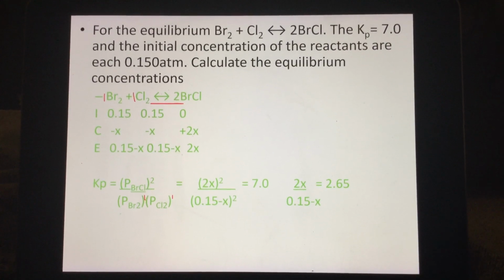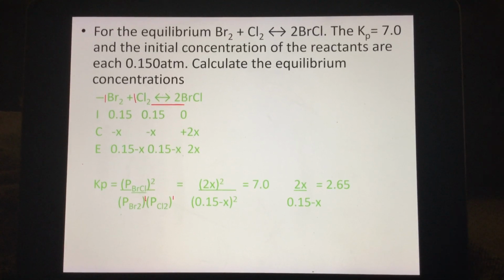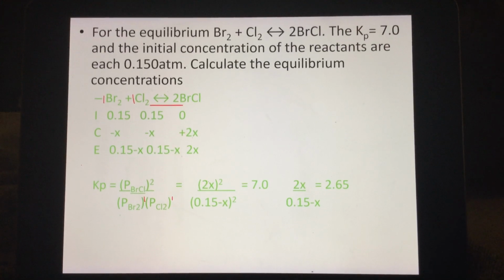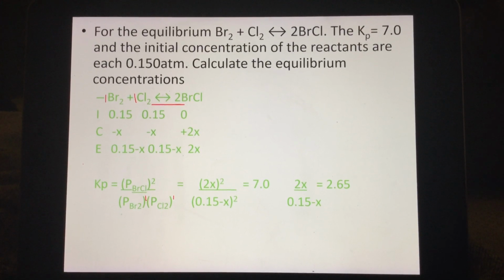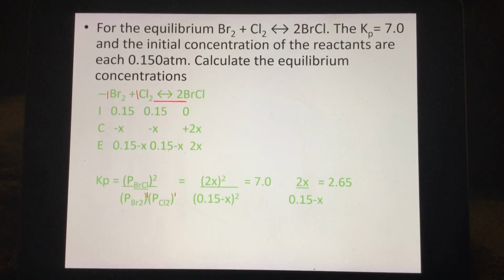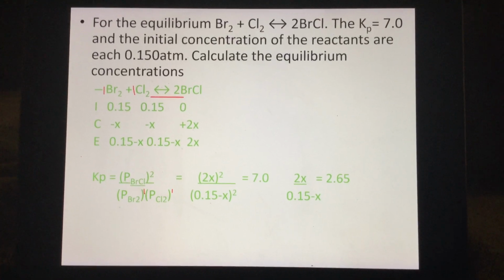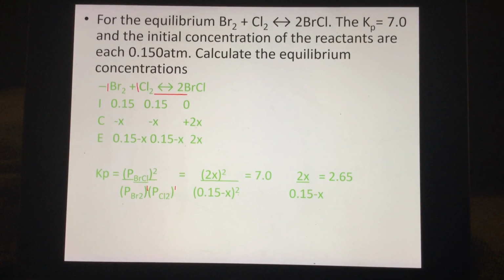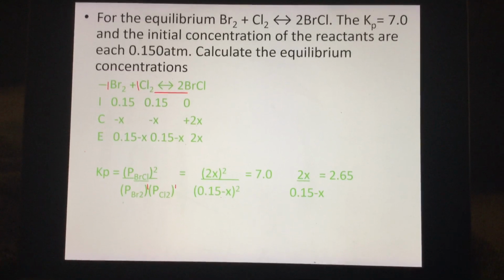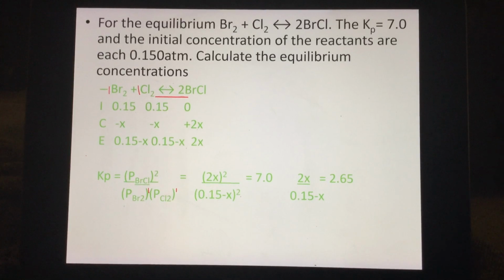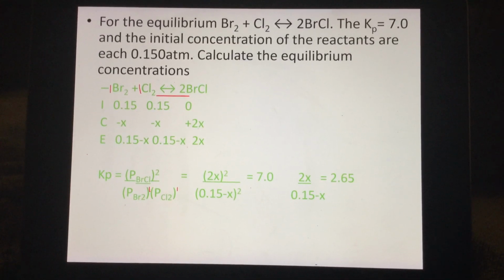So then plugging in our values that we have up here in our equilibrium section, for the BrCl, we have 2x squared. And then since both of these are exactly the same, instead of writing them separately, we can just say 0.15 minus x squared. Now, we can only do that because they're both exactly the same. So that makes our math a lot easier.